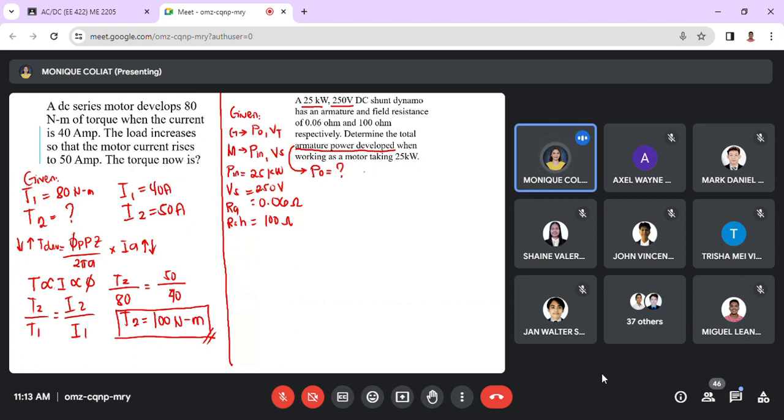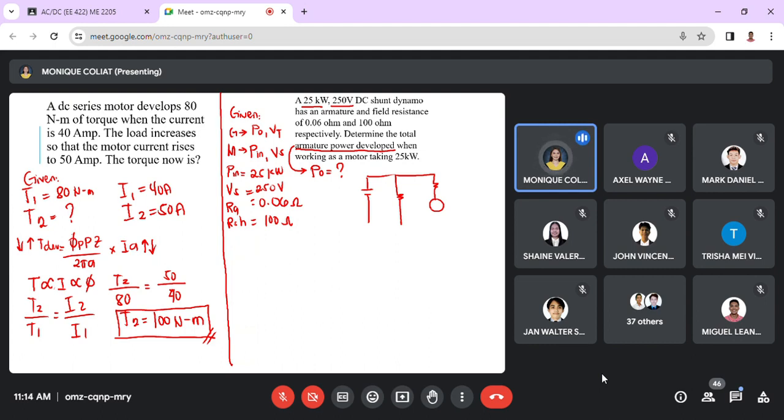Okay, so let's draw the circuit first. Shunt dynamo, that means shunt motor. So, we have here VS, RSH, RA, EB. VS, RSH, and EB.